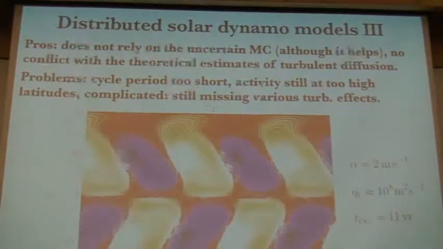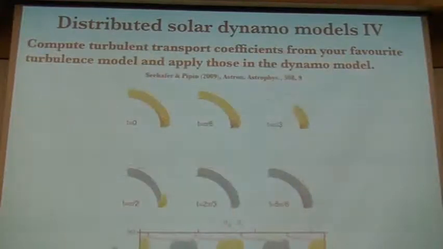And this is only one possible way of dealing with the turbulence transport coefficients. There are, of course, other ways. Maybe the most idealistic way is to just pick your favorite turbulence model and your favorite approximation, then compute the coefficients from that theory, and then use those in your dynamo model.